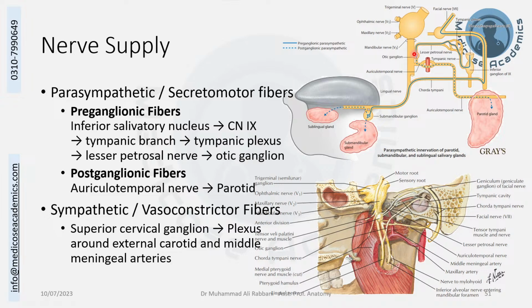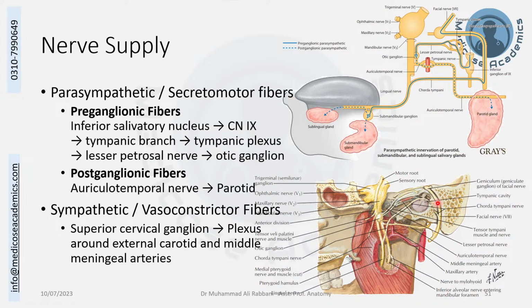A similar plexus is around the middle meningeal artery that goes to the foramen spinosum. So there is a similar sympathetic plexus from the external carotid artery, on the maxillary artery, on the middle meningeal artery that is going all the way up, and the sympathetic fibers from this jump to the auriculotemporal nerve, and they go through the auriculotemporal nerve to the parotid gland.